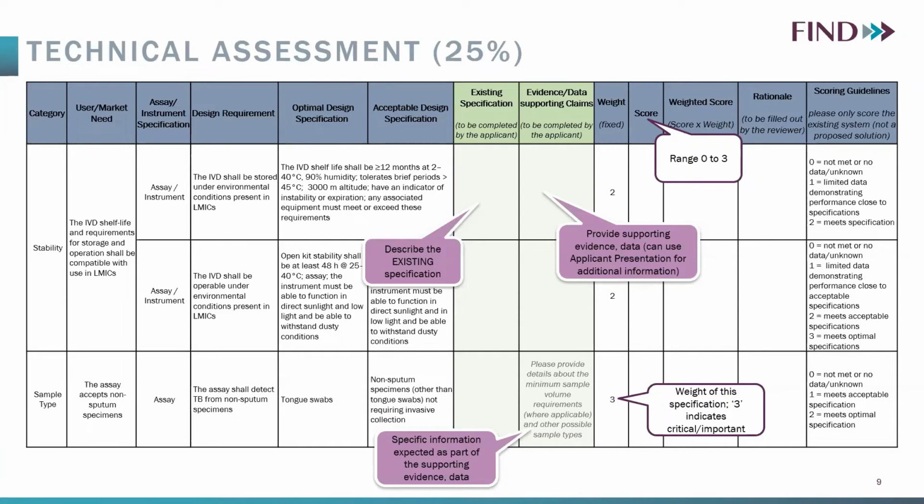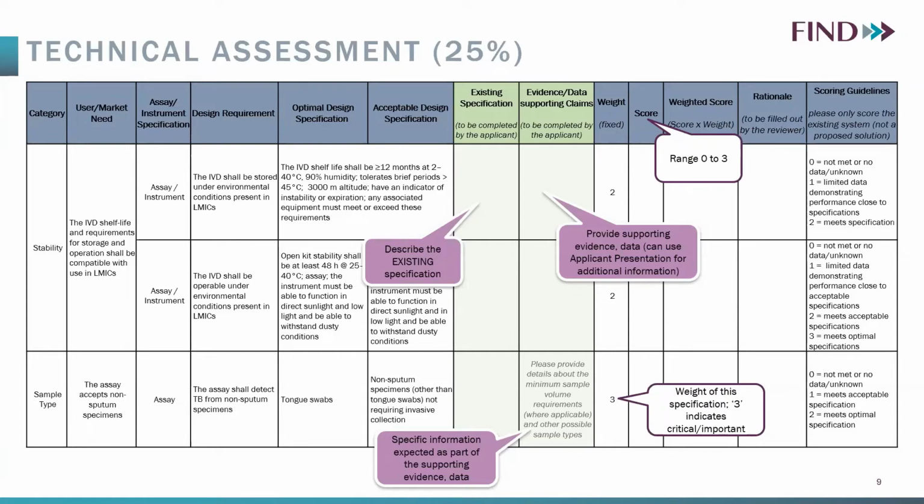In the first one, existing specifications, you can describe how your product meets that specific specification. And in the second column, evidence, data, supporting claim, this is where you can provide evidence or data to support your description of the existing specification.